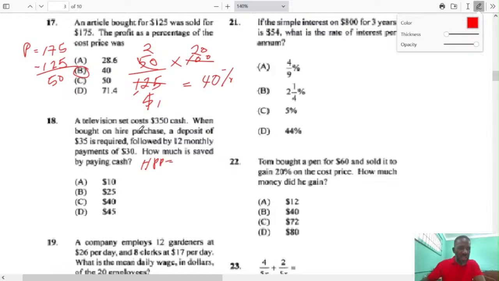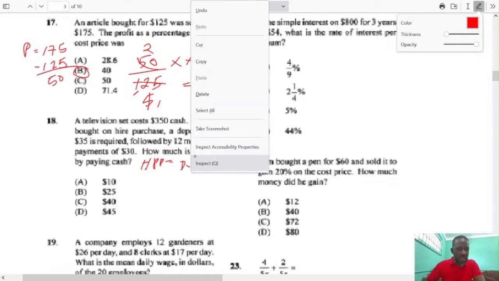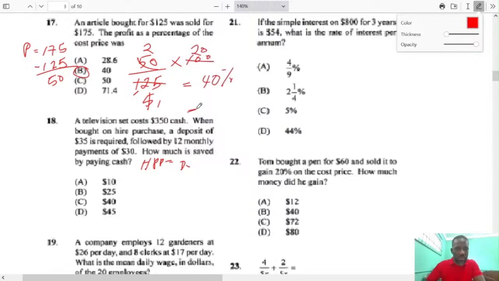It's going to be equal to our deposit plus our installments.